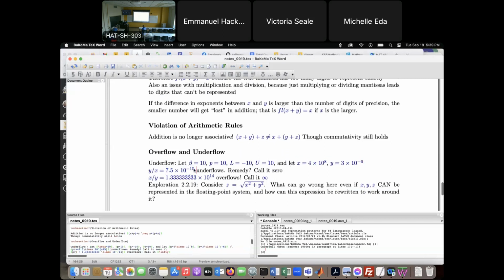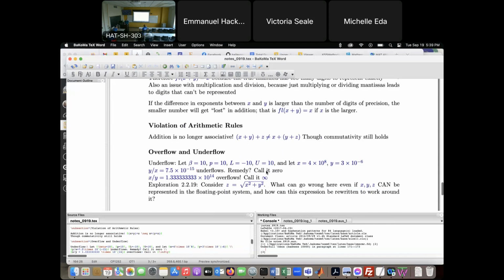Well, this exponent is below the lower limit. Exponents in this system can only be between minus 10 and 10, and outside of that range, you get minus 15. So this is called underflow, that I brought up last time, when a number is too small to be represented in a floating point system. Now, underflow is not a big problem.